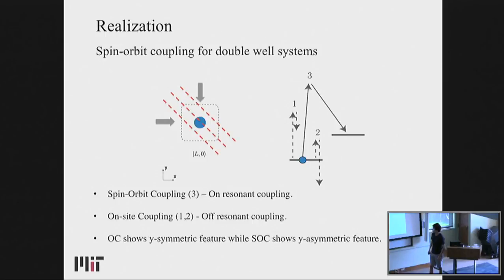The point of how we distinguish these two terms is that if the detuning of the Raman beams matches the detuning of the two wells, we're on resonance with the spin flipping, and we expect a resonant feature, transferring the atoms from one spin state to the other spin state.